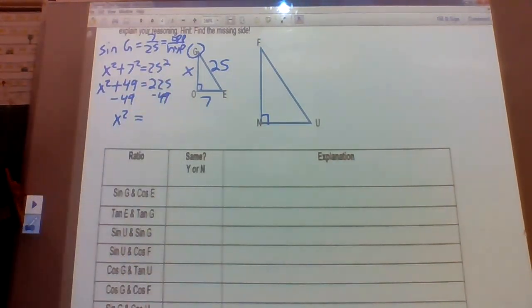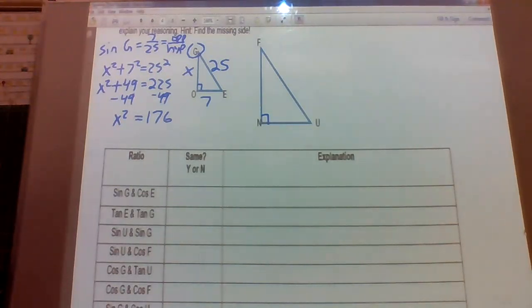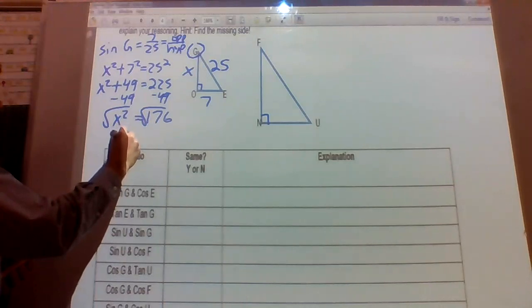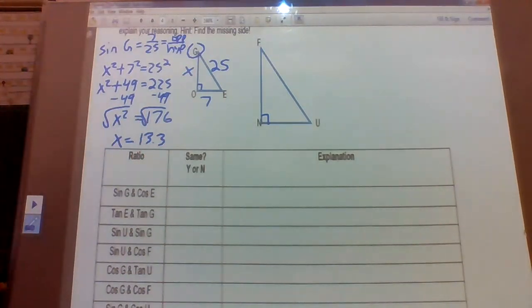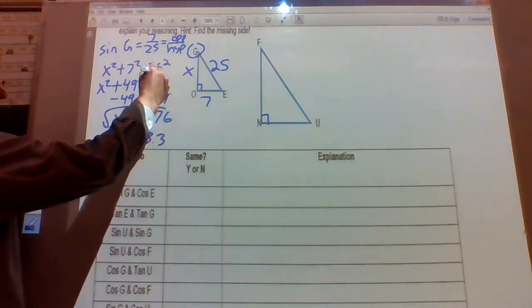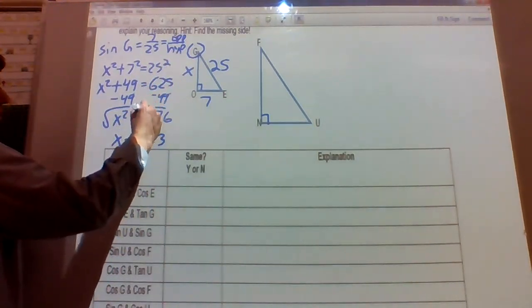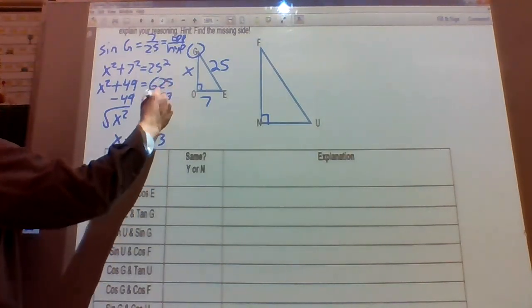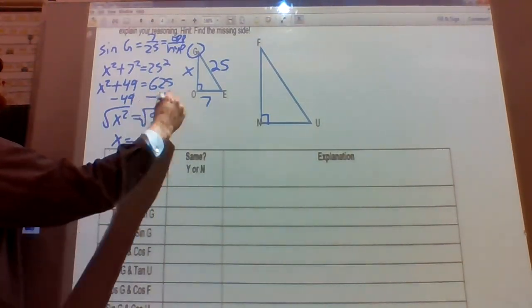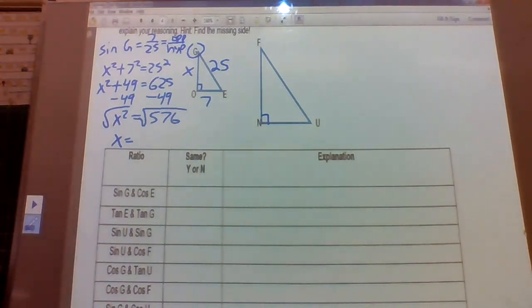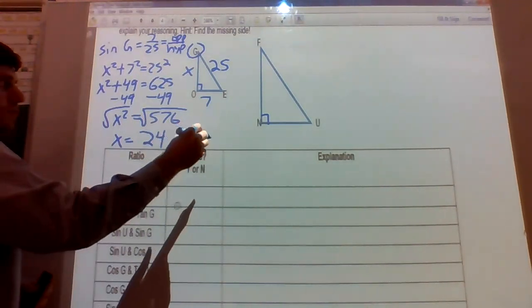X squared is going to equal 576. So the square root of 576 should be 24. Yeah, very confusing. So x is 24.